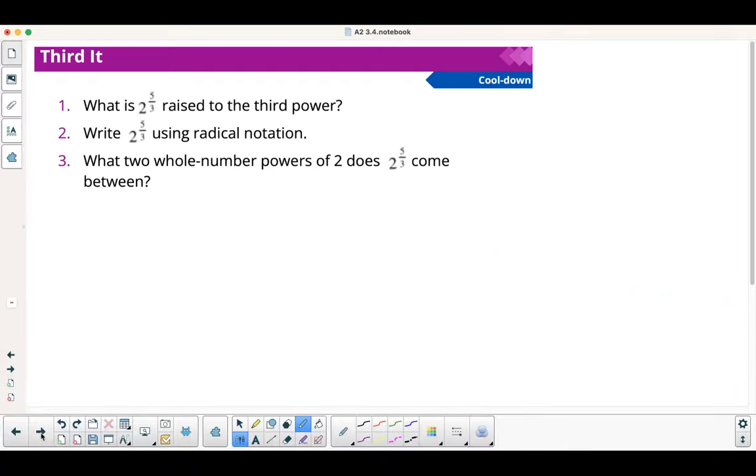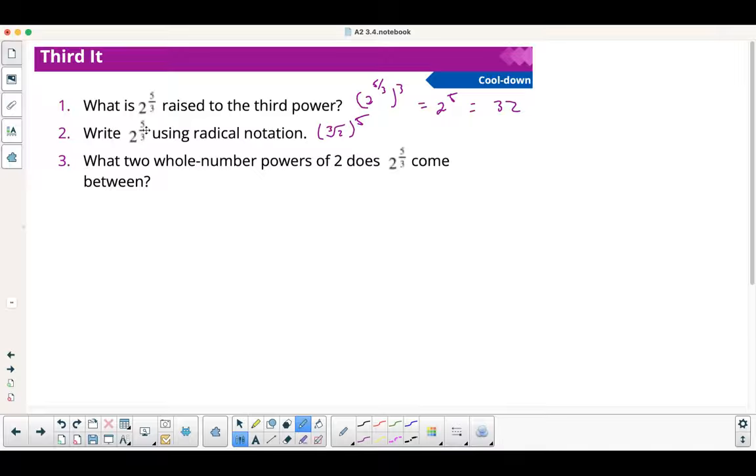All right, what is 2 to the 5/3 raised to the 3rd power? Multiply. 5/3 times 3 is 5, so 2 to the 5th, which is 32. Right, 2 to the 5/3 using radical notation, so it's going to be the cubed root of 2 to the 5th power.